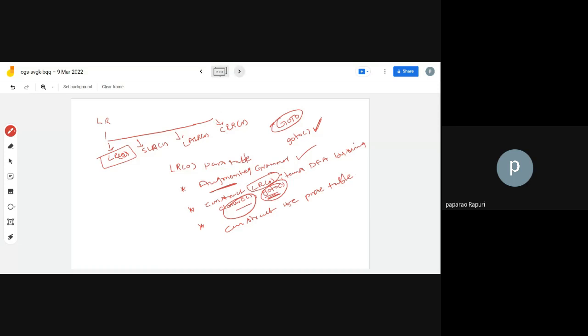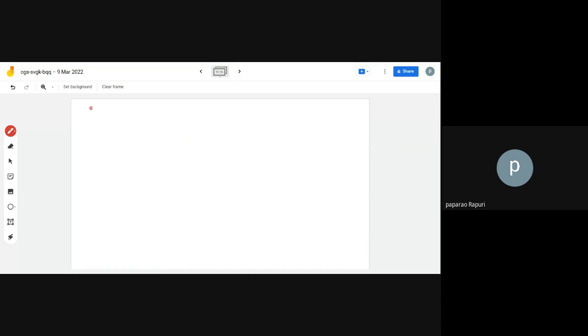So we'll start with some examples. S derives AB, A derives small a, and B derives small b. I'm trying to take the same example for everyone, and I'm explaining all the methods for the same grammar, for better understanding.